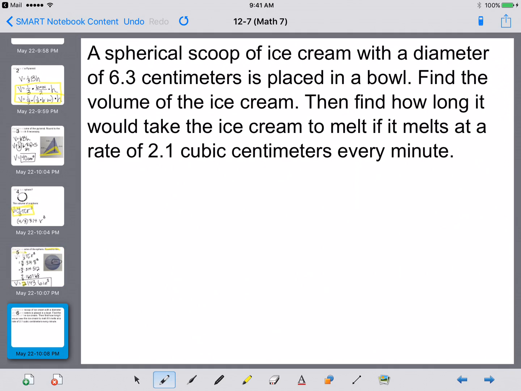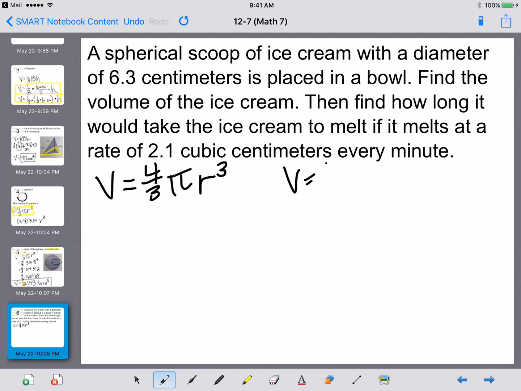And this here says a spherical scoop of ice cream with a diameter of 6.3 centimeters is placed in a bowl. Find the volume of the ice cream. So first thing we're going to do, our volume is 4/3 times pi times the radius cubed. So if it says our diameter is 6.3, our radius is half of the diameter. So I'm taking 6.3 and dividing by 2 to get 3.15.